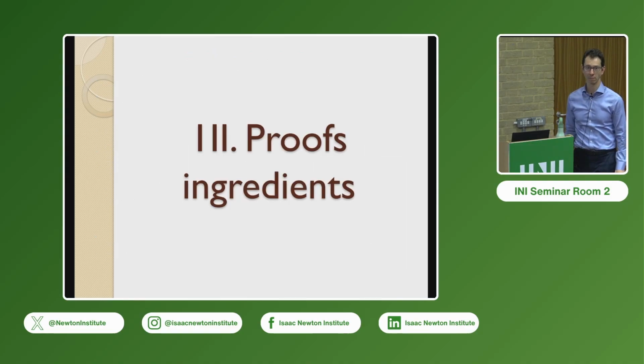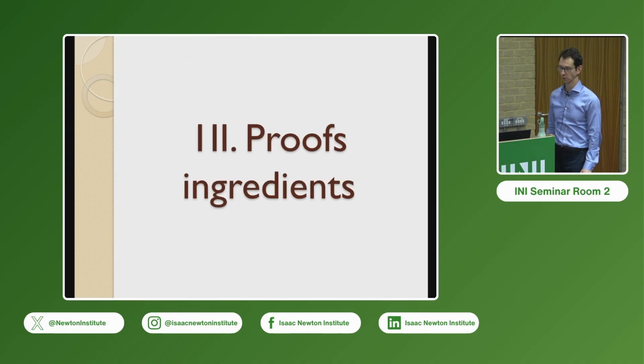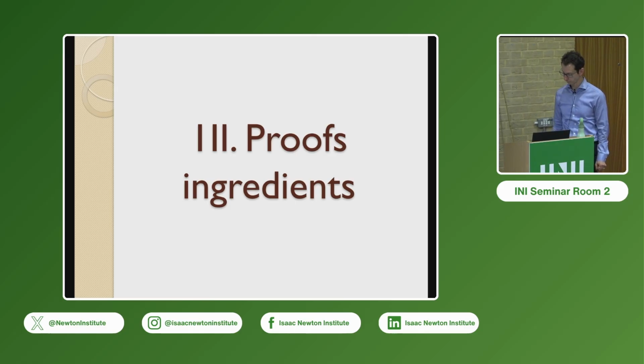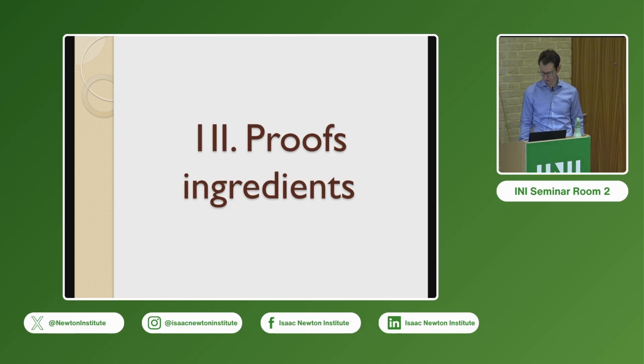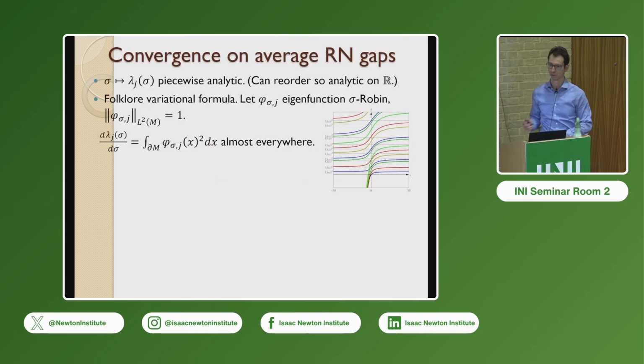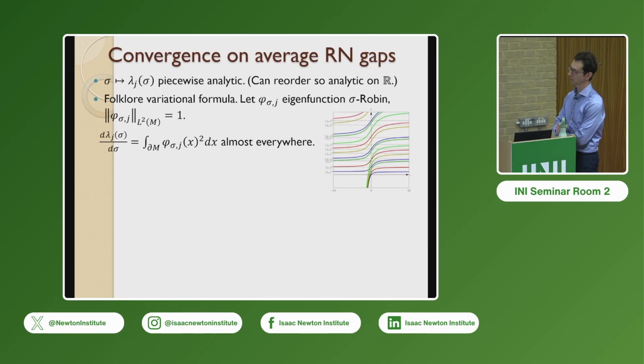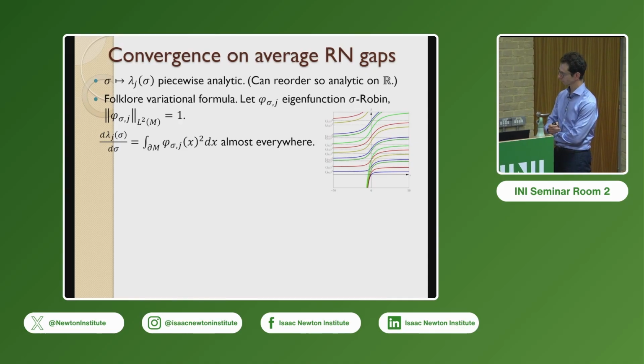Okay, so now I have about 8 minutes to speak about the ingredients of the proof, which is better than my previous attempt. So let me just repeat what we already discussed.